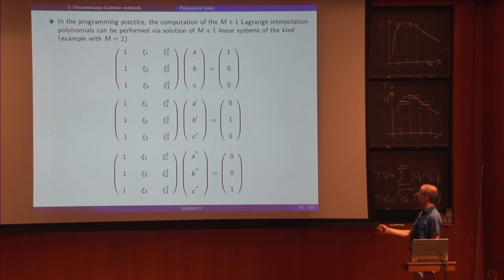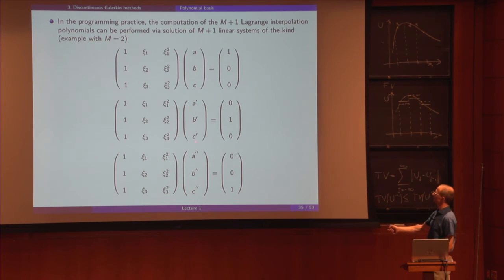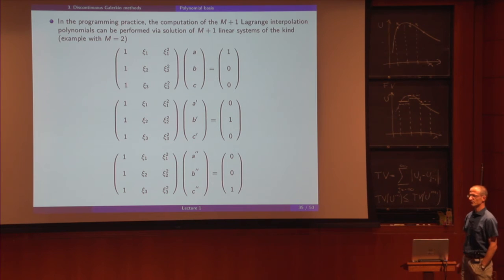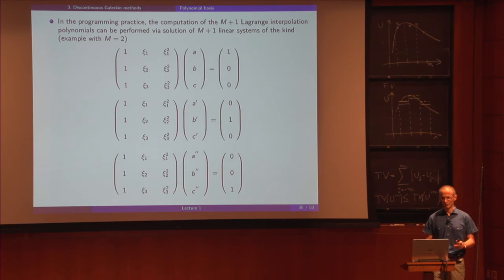The first parabola computed in the first node will be 1: a plus b c1 plus c c1 squared will give you 1. The first parabola in the second node will give you 0, and so on and so forth. So by simply solving this linear system, you will get the coefficients a, b, c, a prime, b prime, c prime, a second, b second, c second, which are your unknown polynomials. So you build your basis, all right? And this is what we will see in the code.